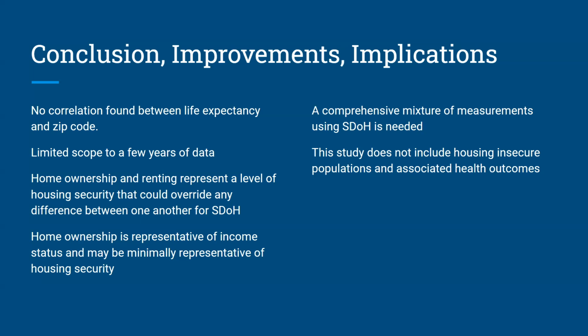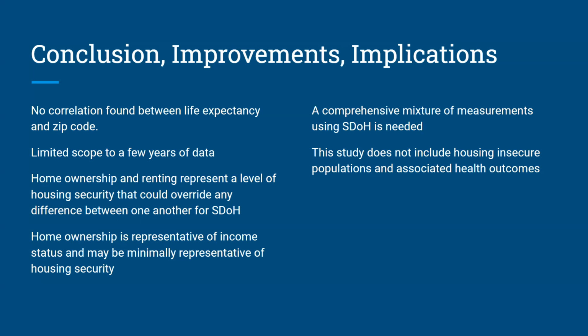And homeownership itself also represents a level of income. It's more like there's a package, where being able to afford a home signifies a lot more things that would signal that you're going to have better health outcomes than other people who wouldn't be able to afford one.